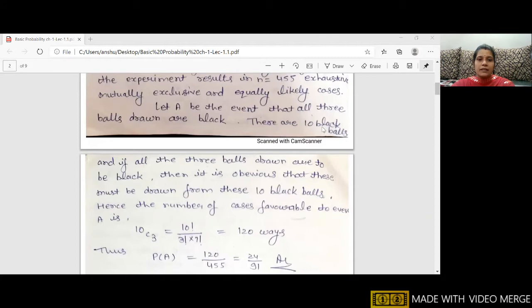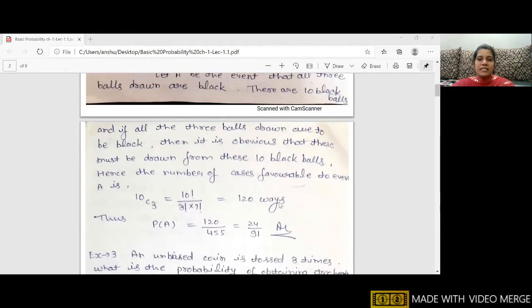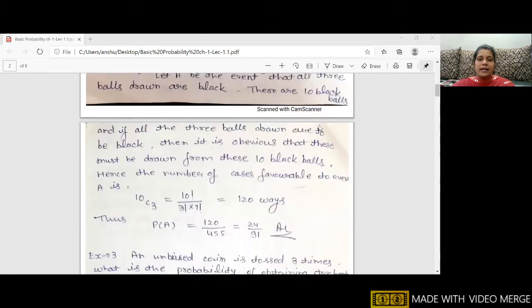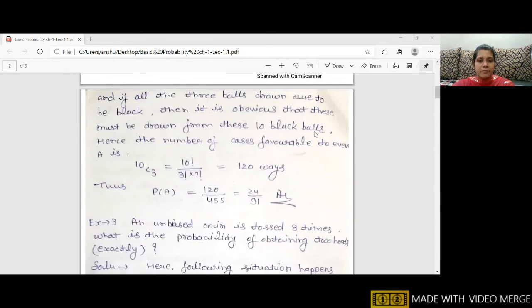If all the 3 balls drawn are to be black, then it is obvious that they must come from these 10 black balls. Hence the number of cases favorable to event A is 10C3, because we have a total of 10 black balls and take out 3 black balls at random.